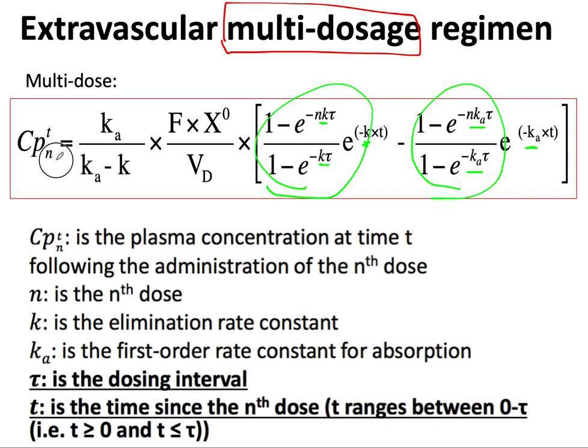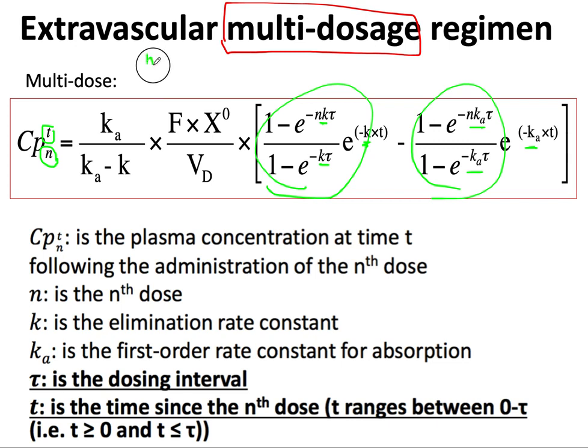As you know, this is the nth dose, or the dose that I'm talking about. I'm interested in the time since the administration of the nth dose, and tau is the dosing interval of the dosing regimen.